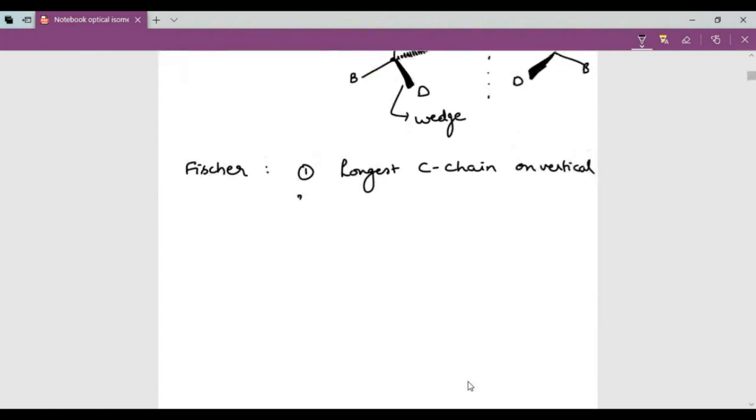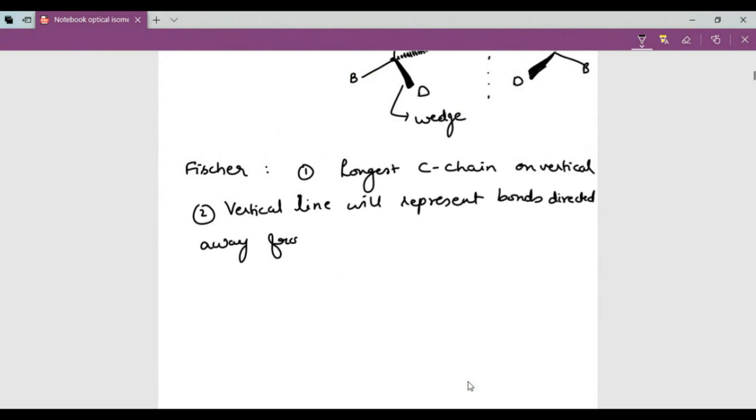In a Fischer, the vertical line will represent bonds directed away from us, behind the plane of paper.